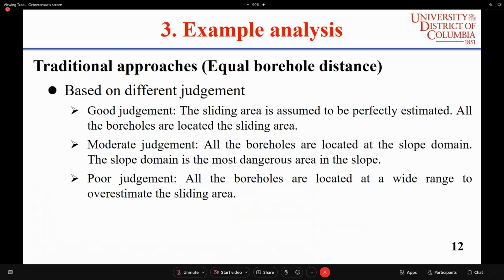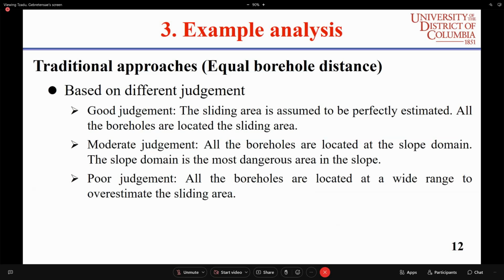This method is validated by a comparison study between the proposed method and the traditional method. In the traditional method, the borehole locations have equal distance. So the engineers might need to judge the potential study area based on their own experience.